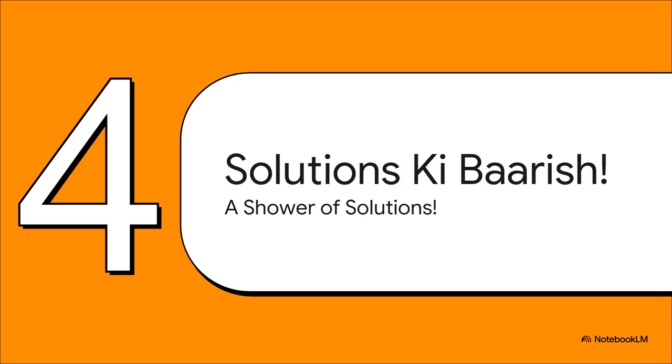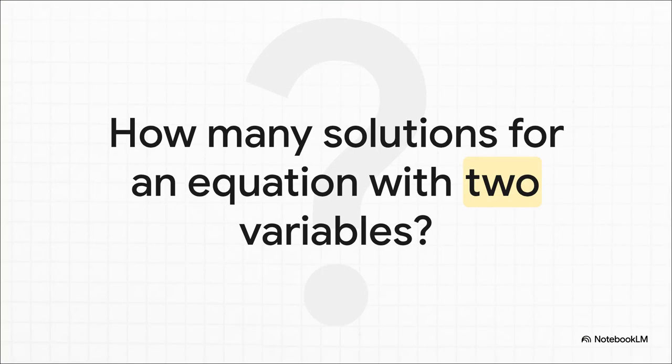Now, for the most amazing, most interesting part of this whole chapter. Remember how equations with one variable had only one single solution? Well, get ready for a big surprise. With two variables, there's a shower of solutions, a whole bunch of solutions. So, let me ask you this directly.